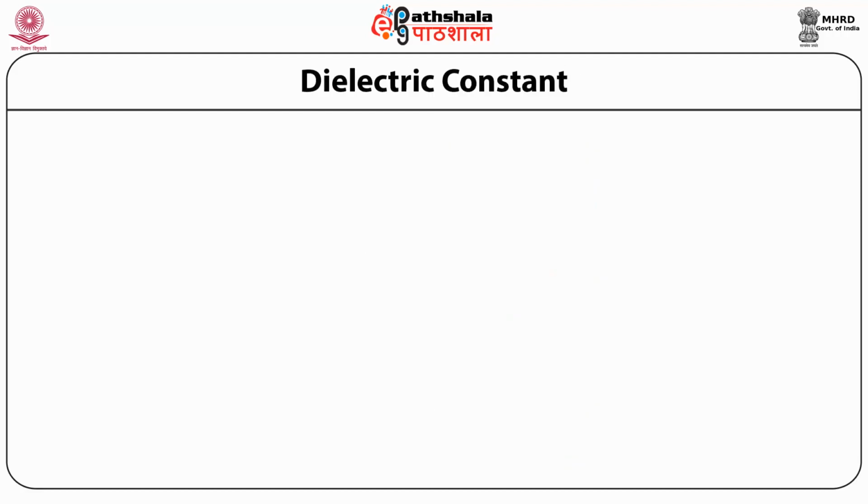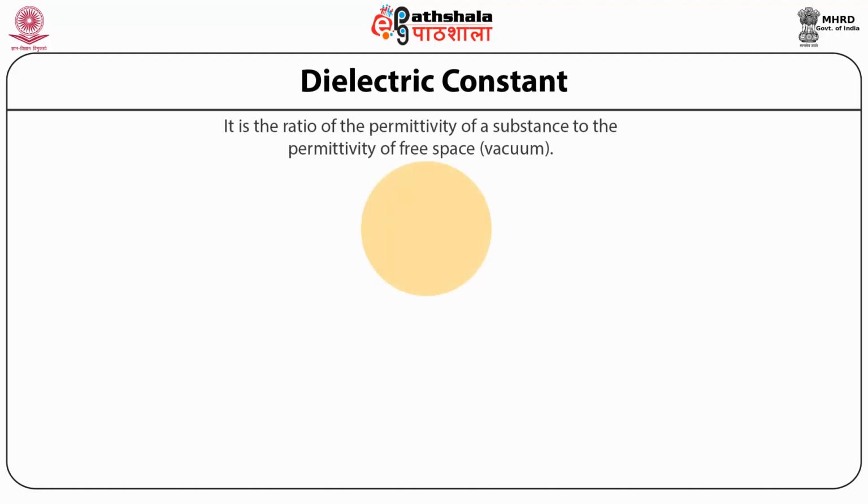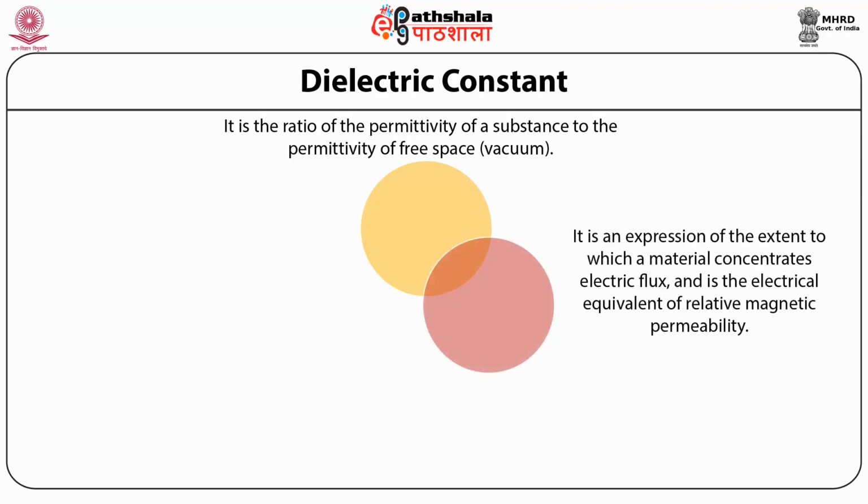Coming to dielectric constant, the dielectric constant is the ratio of the permittivity of a substance to the permittivity of free space. It is an expression of the extent to which a material concentrates electric flux and is the electric equivalent of relative magnetic permeability. As the dielectric constant increases, the electric flux density increases.